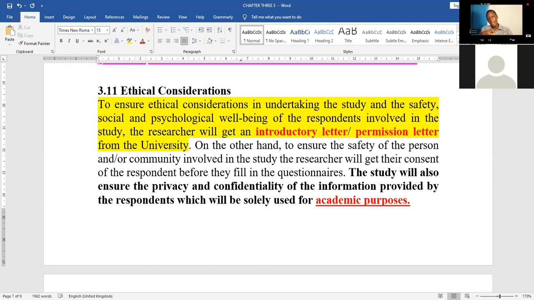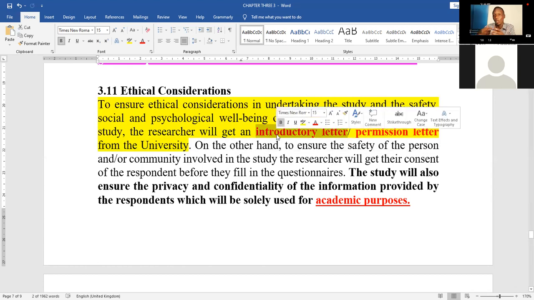Of course, it has your name, the logo of your university, and all those things. So it is the university that writes to your case study. For instance, if your case study is Salama Bank Mogadishu, in our case here, then the permission letter or introductory letter that you are going to get is going to be written by your university, whether it is IUIU or Mount Kenya, where you study from.